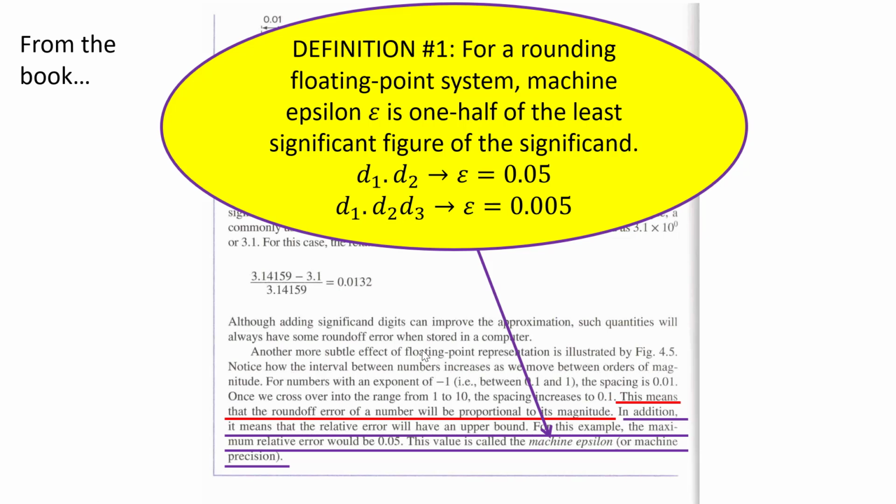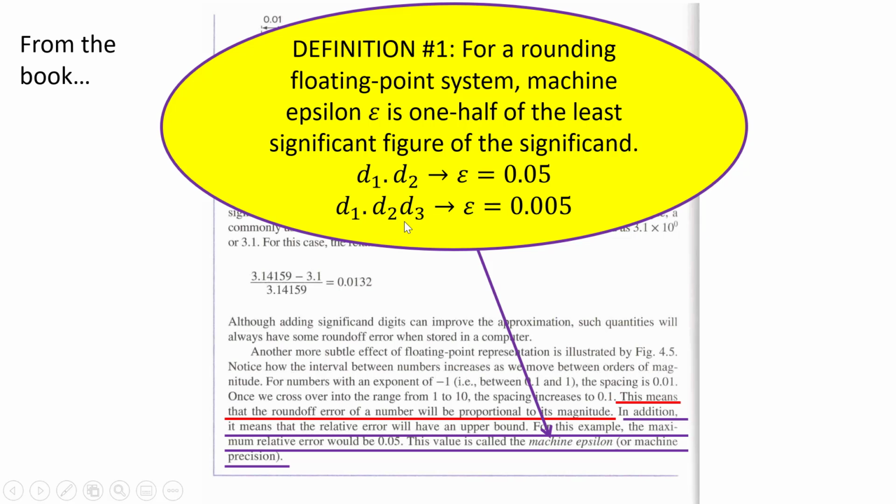So definition number 1 for machine epsilon. For a rounding floating point system, the machine epsilon is 1/2 of the least significant figure of the significand. A little bit cumbersome to say, but the example I showed you with the d1.d2 is going to give me an epsilon that's 1/2 of that least significant figure, so it's going to be 0.05.